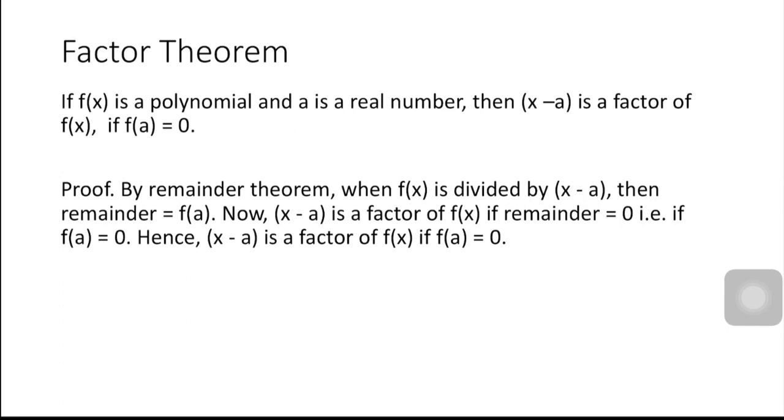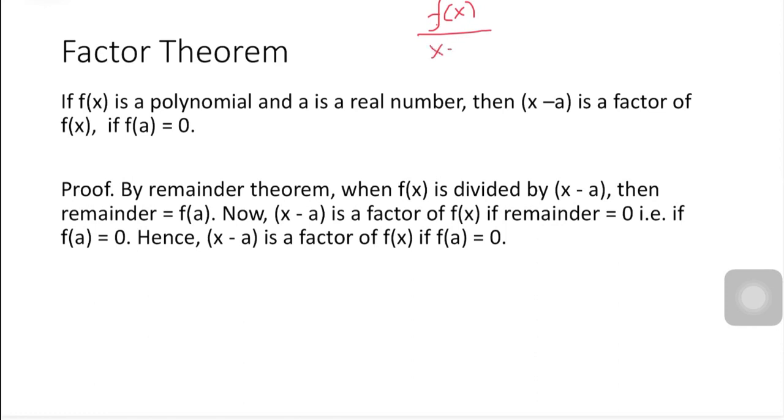In the remainder theorem, what we said is that if a polynomial f(x) is divided by x minus a, then the remainder is equal to f(a). Suppose f(a) were equal to 0, so the remainder would be equal to 0. That would mean that x minus a was a factor of f(x), right?